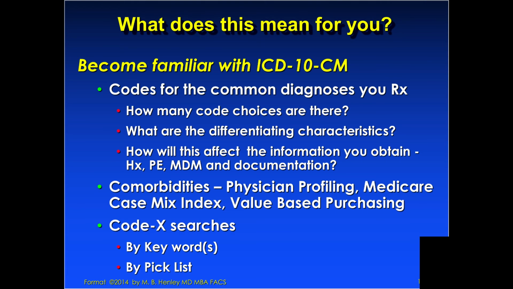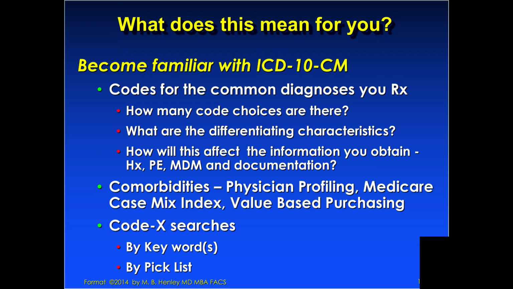So what does this mean for you? Well, you need to become familiar with the codes and the type of diagnoses you treat. You need to understand their differentiating characteristics and how that will affect the information you obtain, especially in terms of injuries, in terms of better history, better physical exam, and your medical decision making. This will affect essentially how you're profiled as physicians when you go into practice. If you don't report comorbidities, your patient population will look very, very healthy and will look better than others.